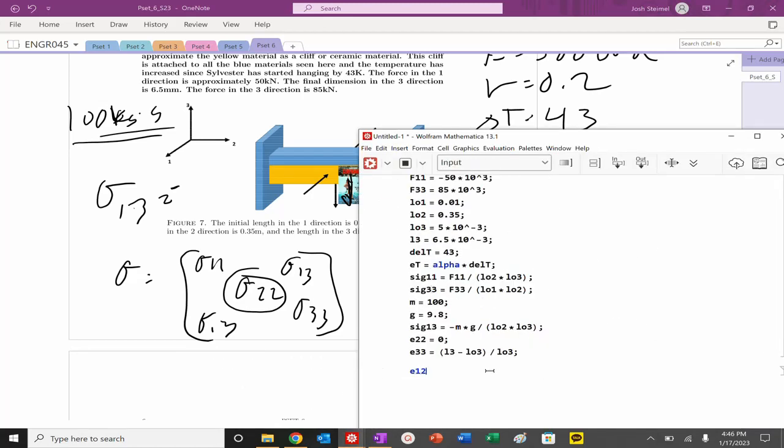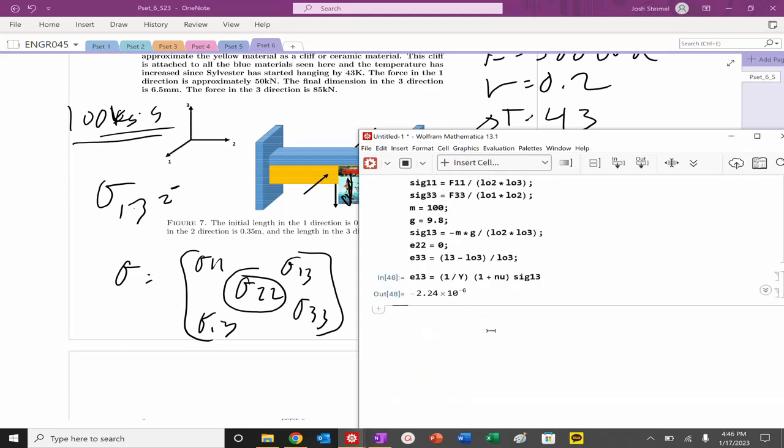So E13 is just equal to 1 divided by Y times 1 plus nu times sig 1,3. So that's my epsilon 1,3, and again, that just comes from our expression that we've worked with previously. E1 is going to be equal to 1 over Y times sig 1,1 minus nu times sig 2,2 plus sig 3,3.